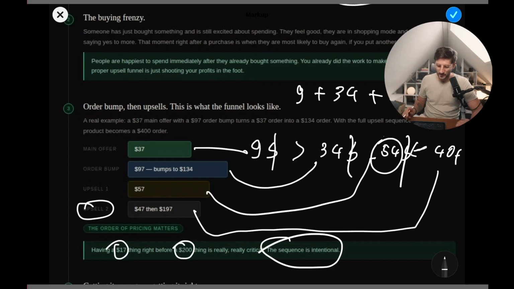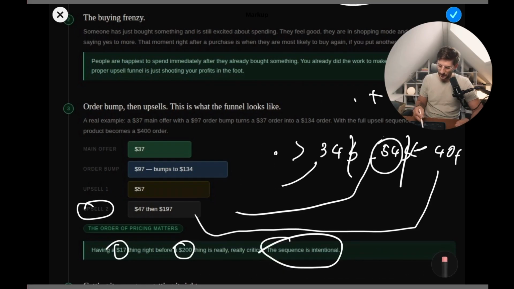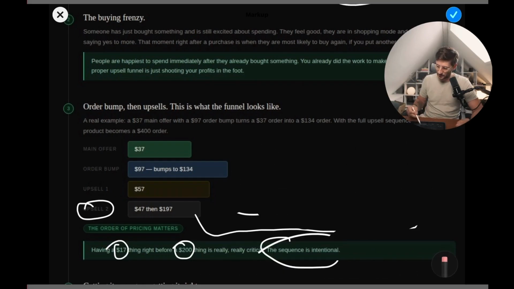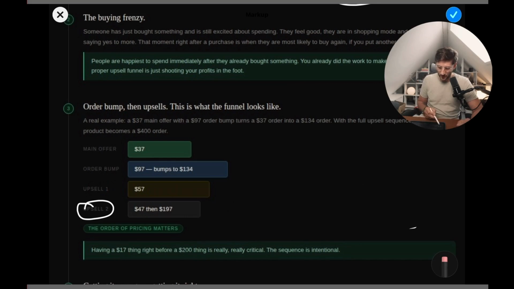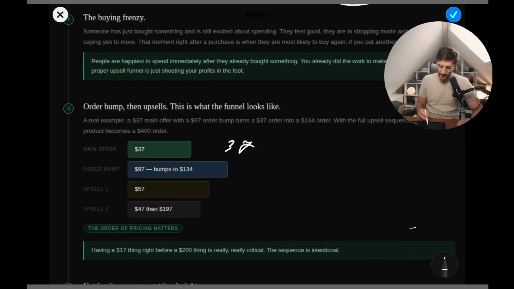that you made. Now, if you have exactly the same happening here as it's written on the screen, where you go exactly through different upsells, what's going to happen is you're going to have 37 plus 97, which is 134. Plus, if you have another problem or another thing that you're solving to their problem, you have another 57.